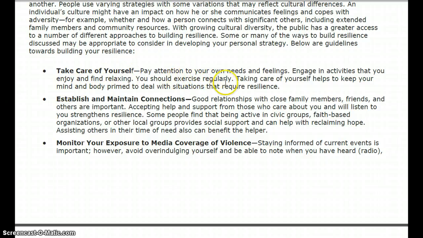You exercise regularly. Yes, that's the part that is a big challenge for me. It's all about relaxation, doing fun things, exercising, taking care of your body. I would say that one is difficult for me. It is a challenge. I'm constantly forgetting about this point, and I tend to put that on the bottom of my list.